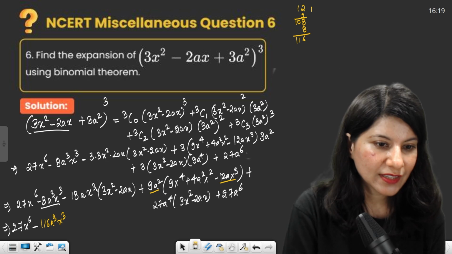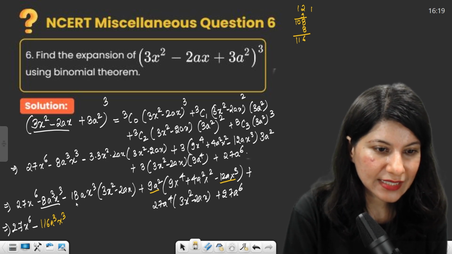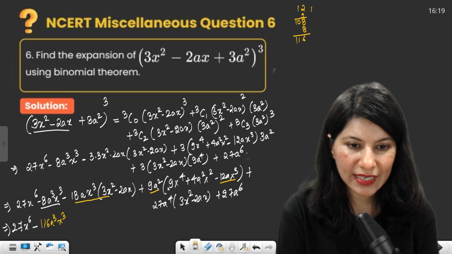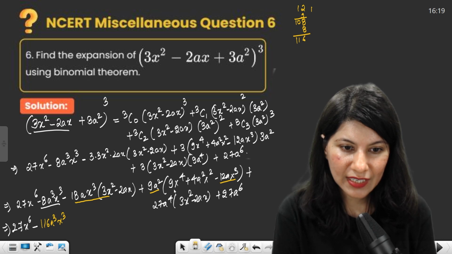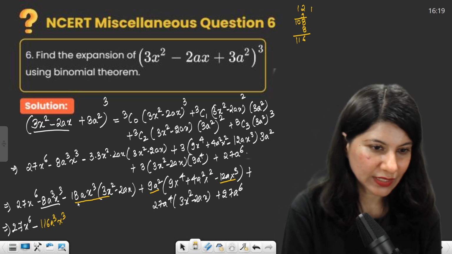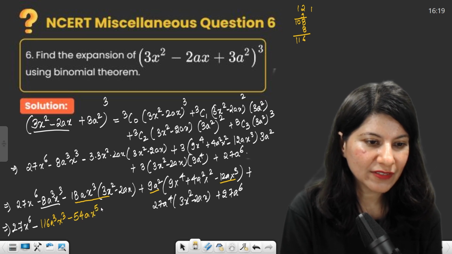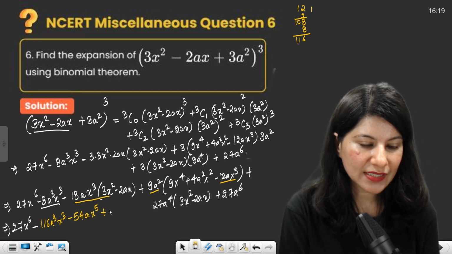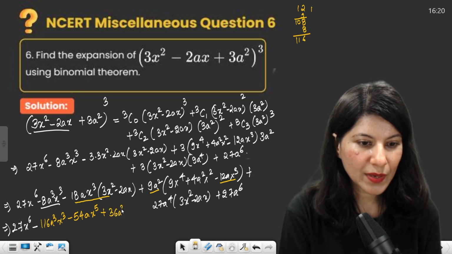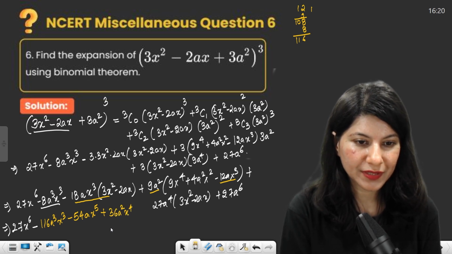Perfect. Then we are having ax raised to power 5 from here. Can I see ax raised to power 5 anywhere? No? Okay. So 18 3s are minus 54 ax raised to power 5. Then we are having plus 36 a square x power 4. Correct?